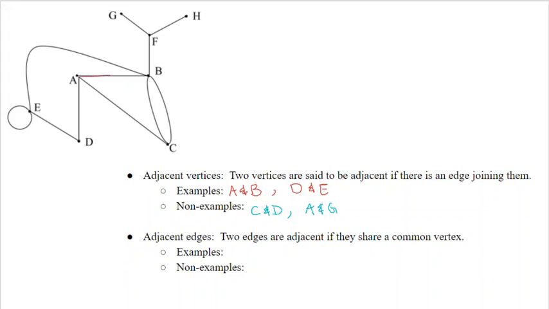So for example, AB and AC are considered adjacent edges because they share vertex A. GF and HF are also adjacent edges because they share vertex F. However, DE and AB are not adjacent edges, because they do not have any vertices in common.